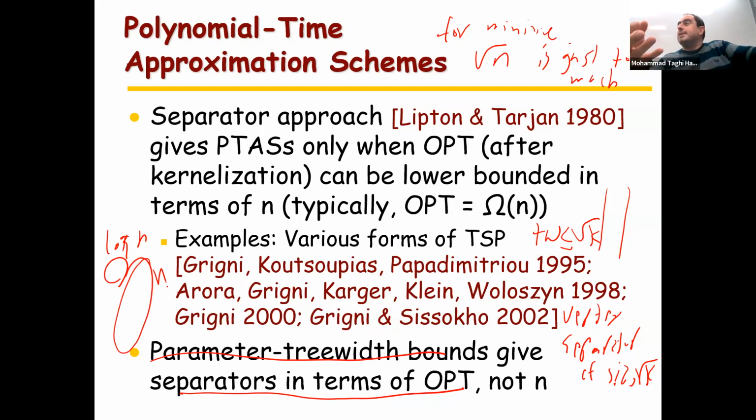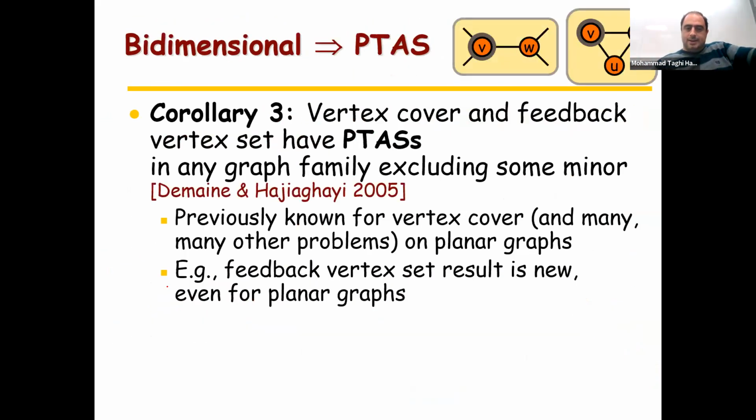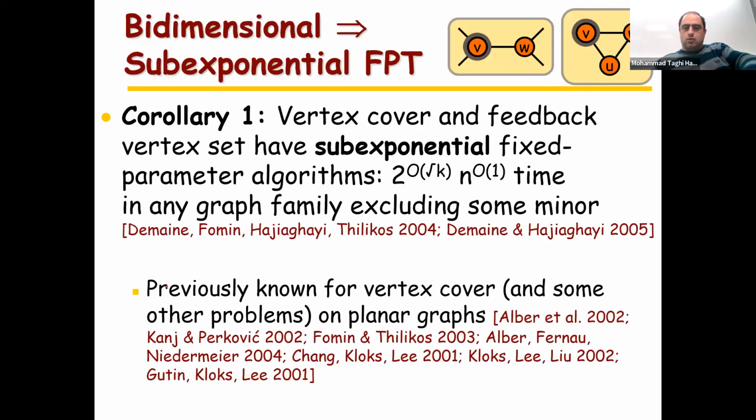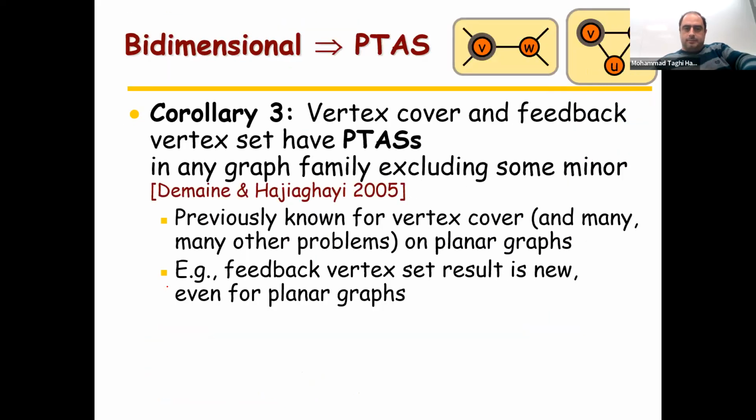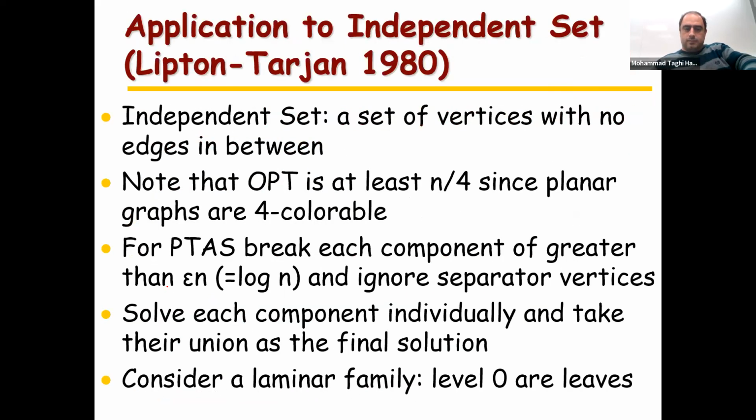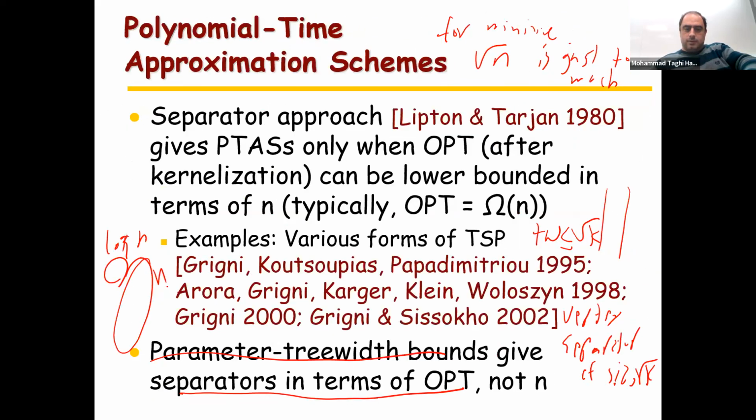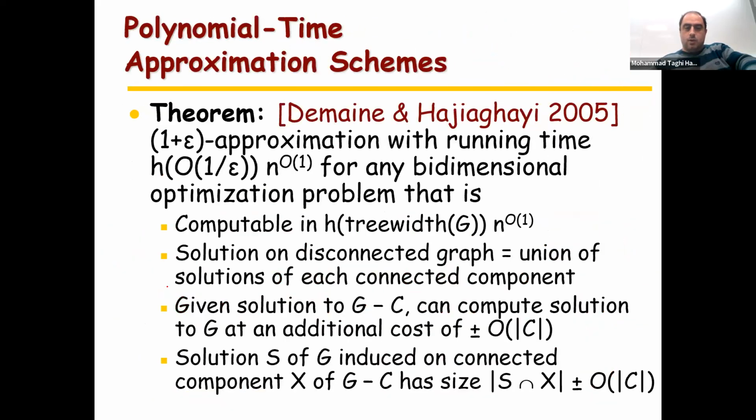Now, essentially, this is the addition. So I mentioned that, if you remember, I had this property that there is a 1 plus epsilon approximation with running time computable in this form.